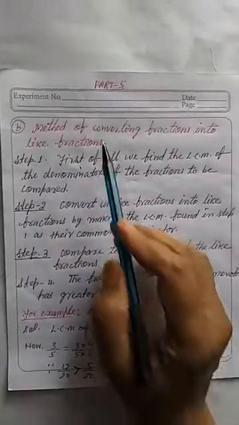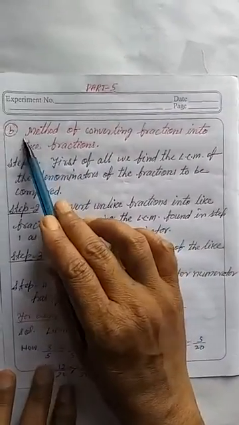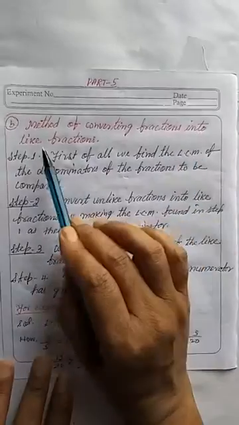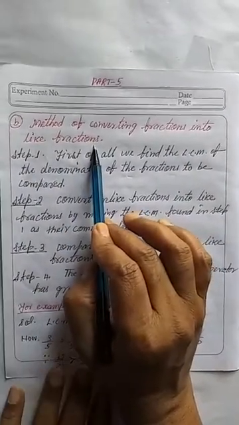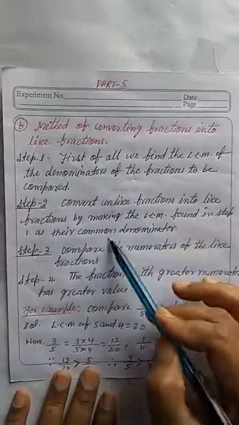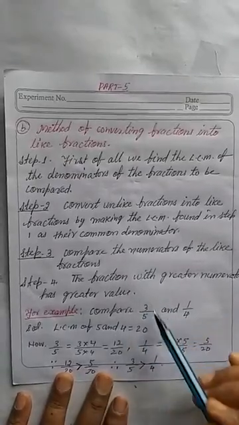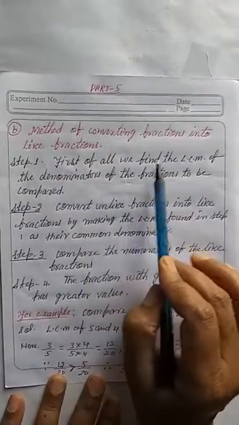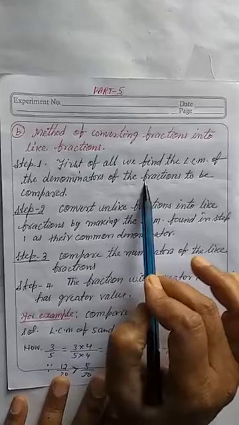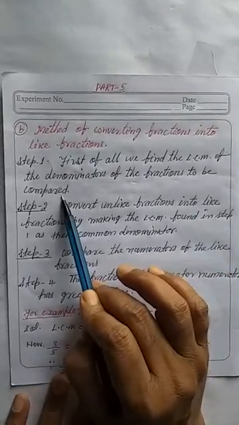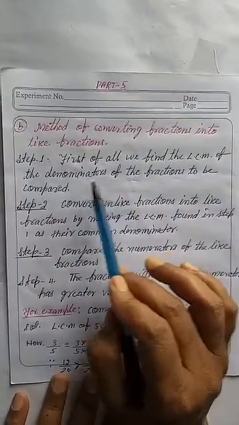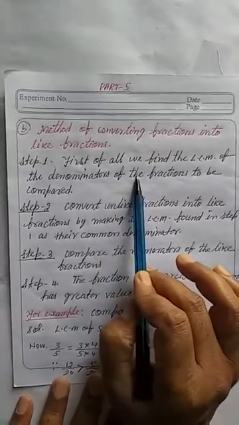Okay, student. Now method B, the method of converting fractions into like fractions. I am reading the steps first and then I will explain. Step 1: we have to find the LCM of the denominators of the fractions to be compared. I already explained this, student, in the topic on like fractions.